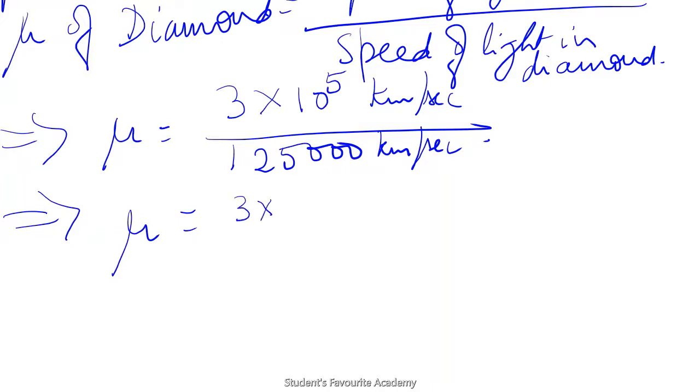So mu is equal to 3 into, if these three zeros get cancelled, 3 into 10 square upon 125.